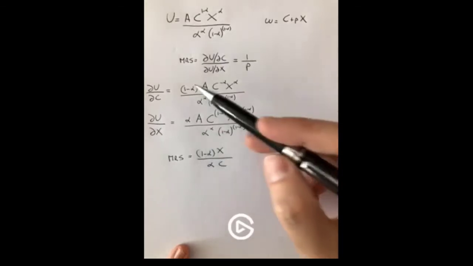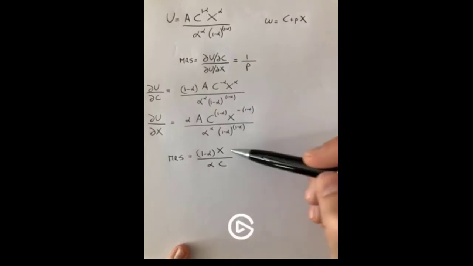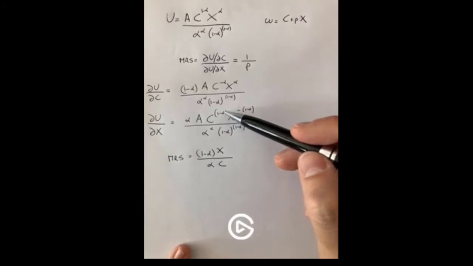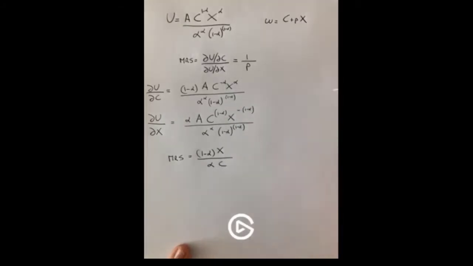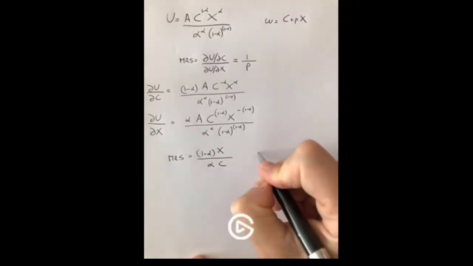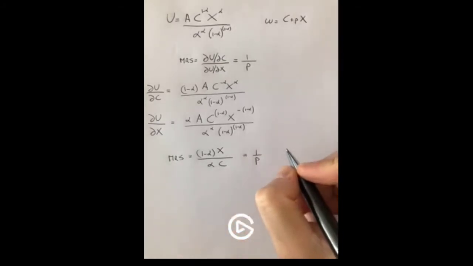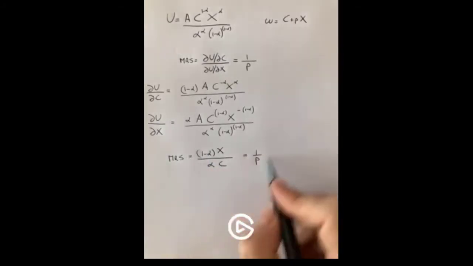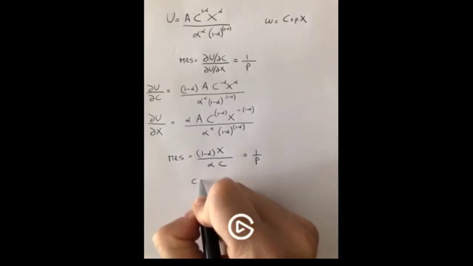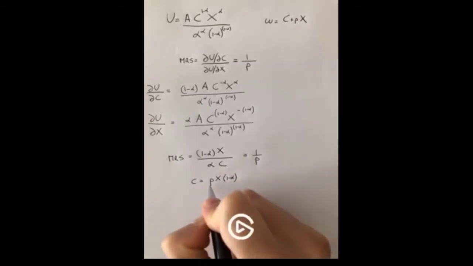But 1 minus alpha stays here, X times alpha becomes multiplied by X, 1 minus alpha, and below alpha here stays, and C to the 1 minus alpha becomes multiplied by C times alpha, so it becomes C. So the marginal rate of substitution is equal to 1 over P if this condition is satisfied. That gives me that C is equal to Px times (1 minus alpha) divided by alpha.